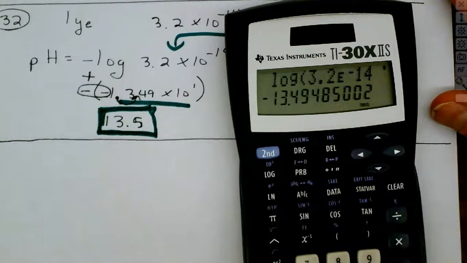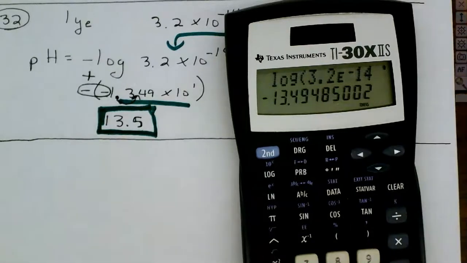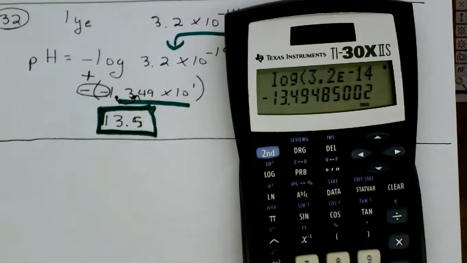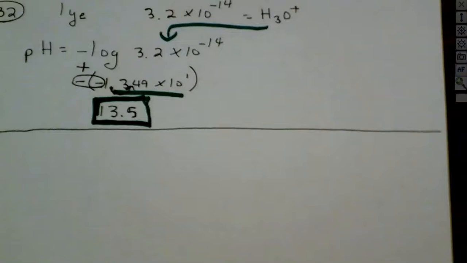Now, whenever it comes out to be negative for pH, we know pH must be what? Positive. So I always just mentally change it. I think you're better off doing that than plugging in an extra negative and actually making a mistake in the calculator. So it's always positive? Yep, pHs are always positive and pHs are always between 1 and 14. That's how they work. 7 is neutral in the middle.